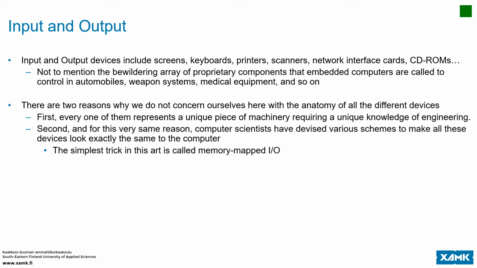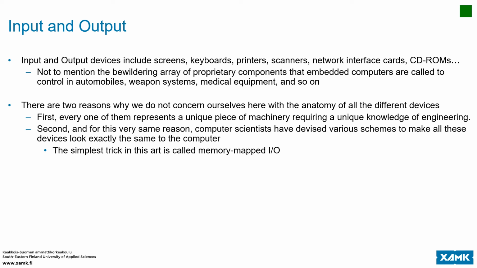Something else to keep in mind, the CPU and the memory units are not the only physical components of a computer system. We also need input-output devices to communicate with the CPU. Those include screens, keyboards, printers, scanners, network interface cards, CD, DVD, ROMs, or Blu-ray players, whatever there are.